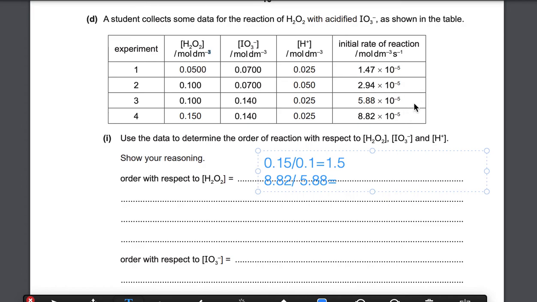But if they had been different, we would have changed the decimal places as well. So 8.82 over 5.88 is 1.5 as well, which means that this is a first order reaction. Why? Because with a 1.5 times change in concentration of H2O2, the rate also changes by 1.5 times. So that's why this is a first order reaction.